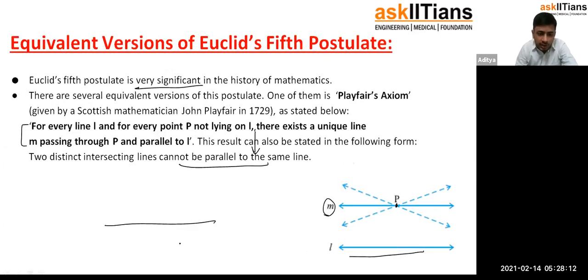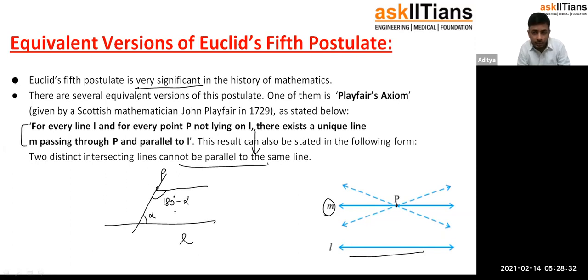So if there is a line L, there is a point P, what we can try to do is make a transversal, or any line which is passing through P, and let us say if this angle is alpha, then we should try to make a line which is at an angle 180 degree minus alpha.